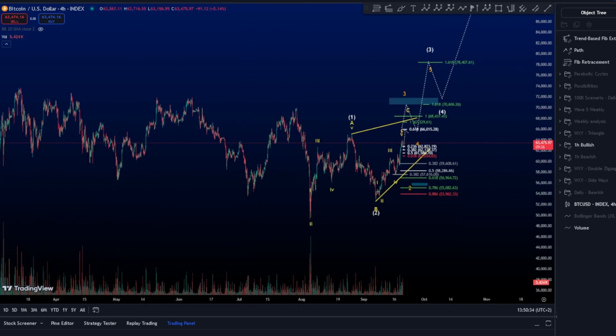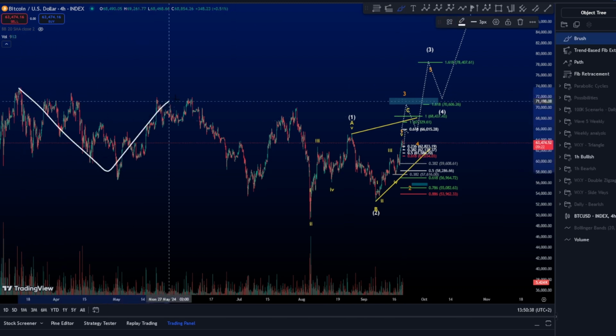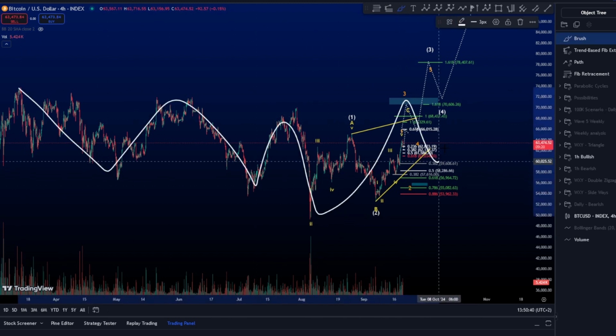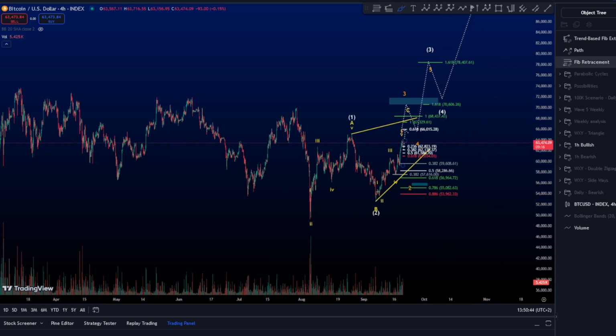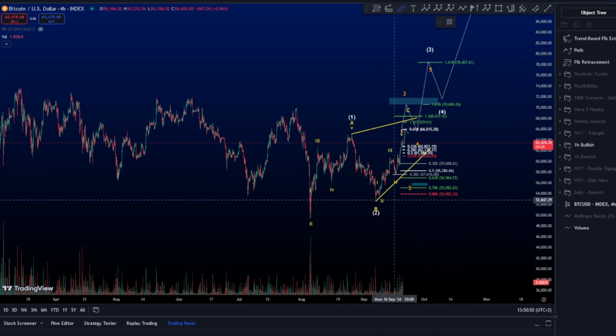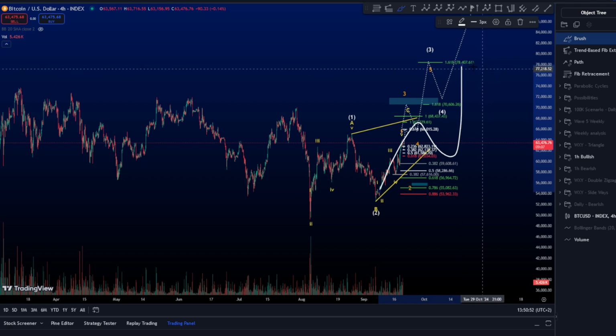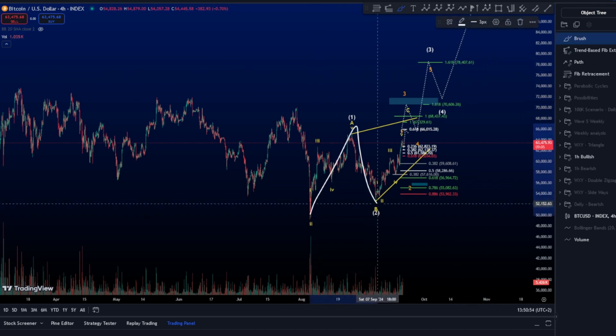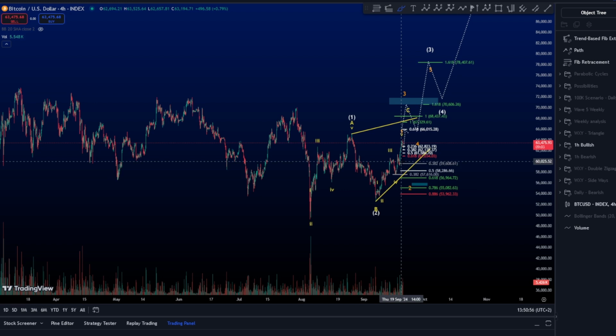Because if this is your second structure in WXY, your second zigzag, flat, then zigzag, therefore downside. So this is the thing. Now, if you are bullish, you want to hit the 1.618, which is higher, taken from 1.2 towards the upside.